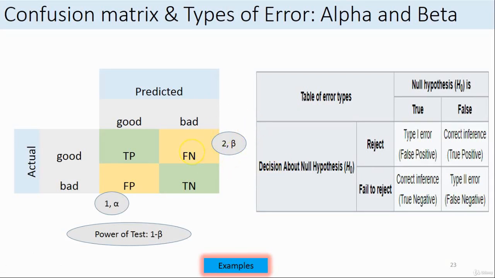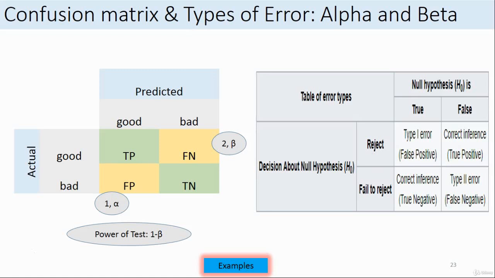Suppose in a traffic situation, you are driving a car, and you know that sometimes people break the traffic rules and the traffic police give them a fine. In that situation, you think that you are good, meaning you have not violated, but you have been caught. Would you like this situation? No. If you have been caught and fined, then definitely it is a false negative. So in a traffic situation, this kind of error may happen.